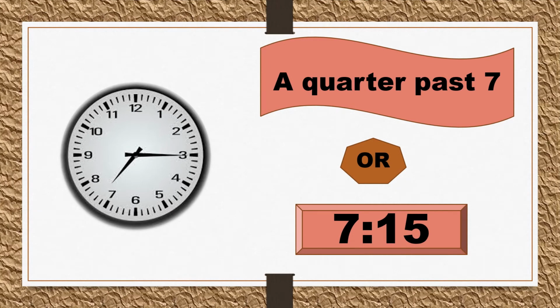Children, can you tell me what is the time in this clock? Yes, you can see the minute hand is at 3, which shows the minutes, and the hour hand is a little after 7, which shows the hour. So, we say that the time is a quarter past 7. We write it as a quarter past 7 or as 7:15.